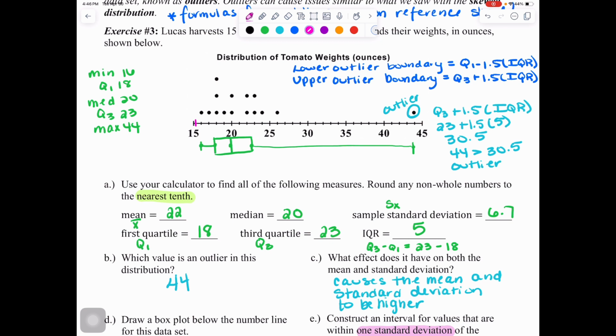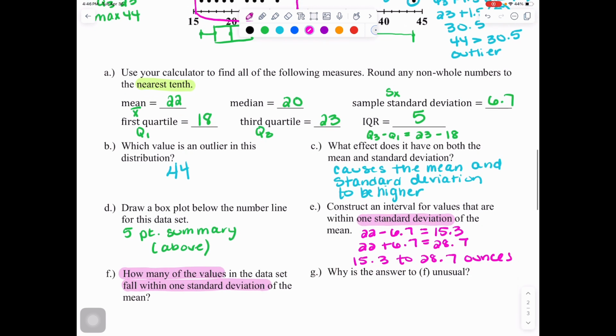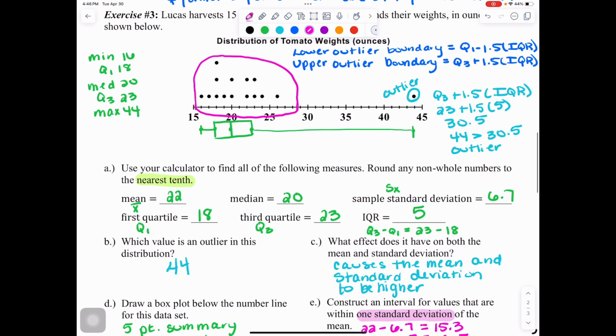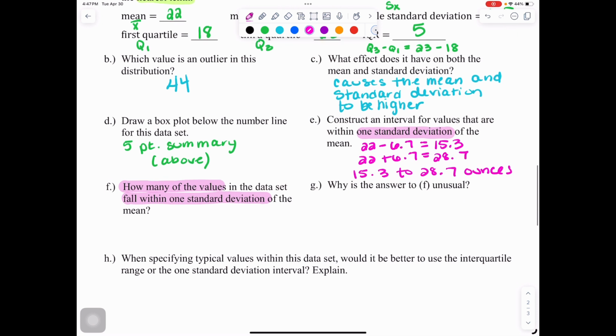So 28.7 is kind of a little more than halfway. And we're going to circle and mark all the values that are within that 1 standard deviation. So how many of them? We count them up: 1, 2, 3, 4, 5, 6, 7, 8, 9, 10, 11, 12, 13, 14 of those values fall there. So 14 of them.